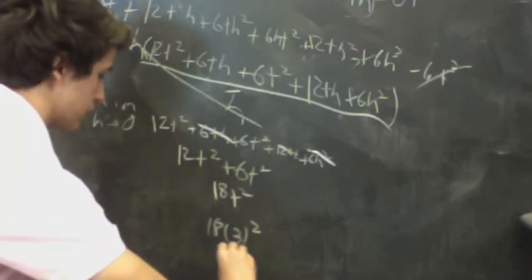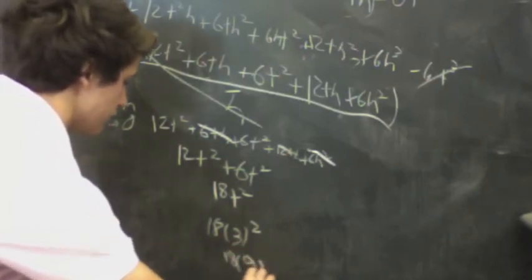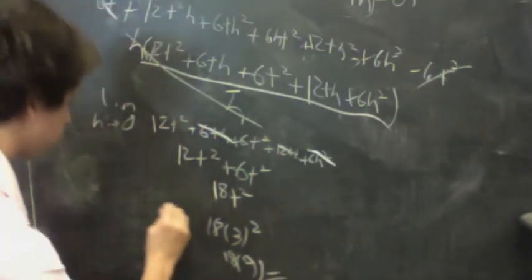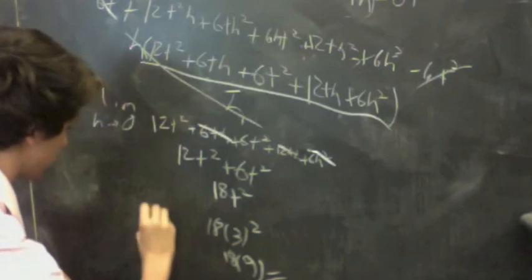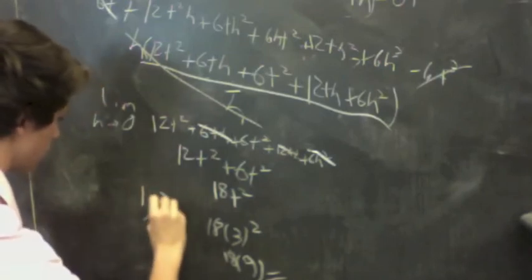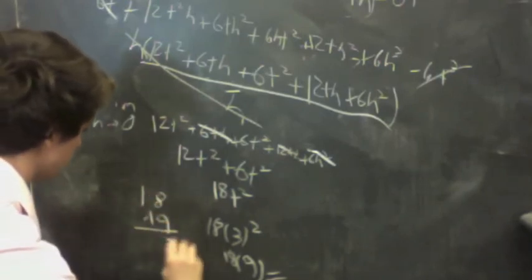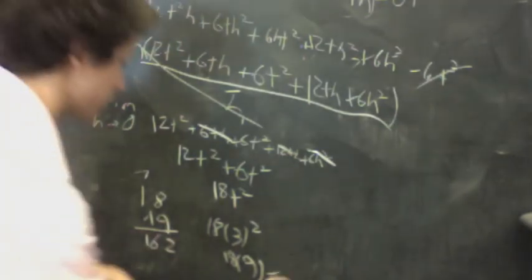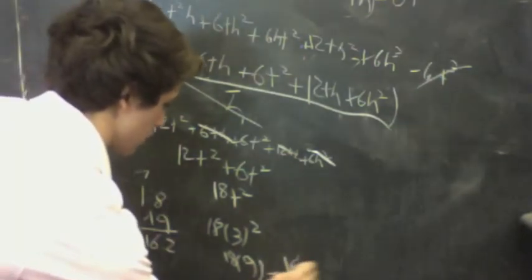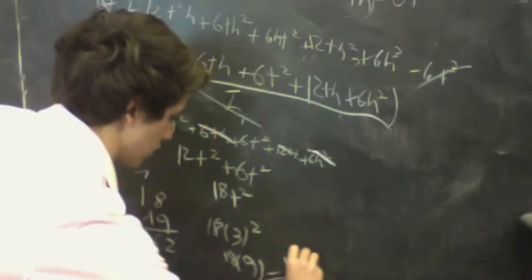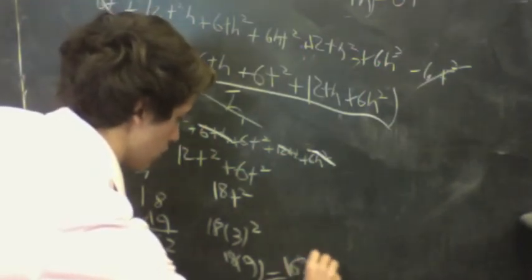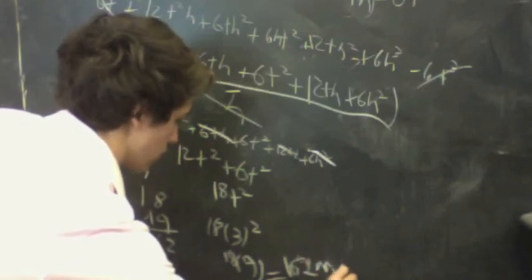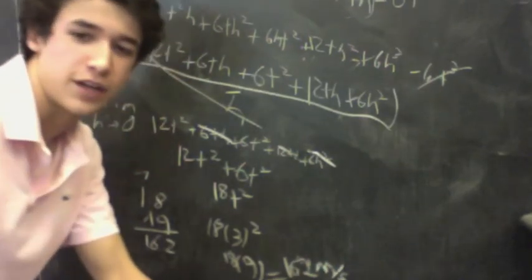And we'll get that our instantaneous speed is 162 meters per second. That's how you find instantaneous speed.